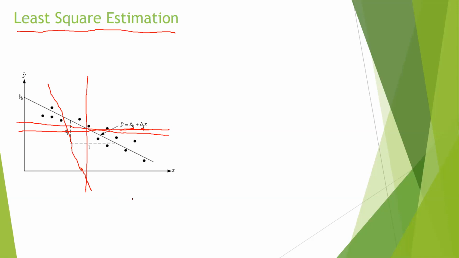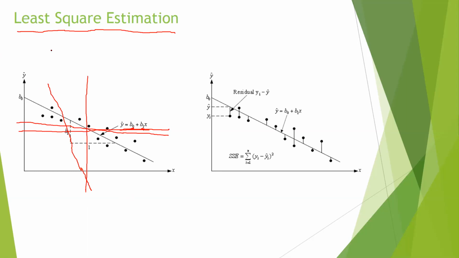We want to find the best regression line that can summarize the relationship between X and Y. This is the criteria. The name tells you the criteria, the least square estimation. We need to find the optimal regression line that goes through all the data with the minimum least square, so with the minimum difference between the data points and the regression line.